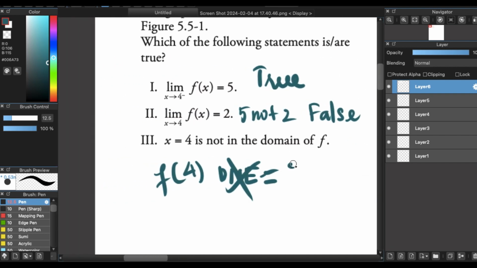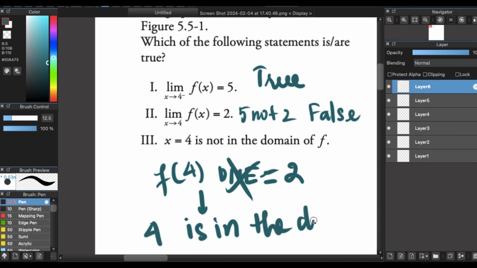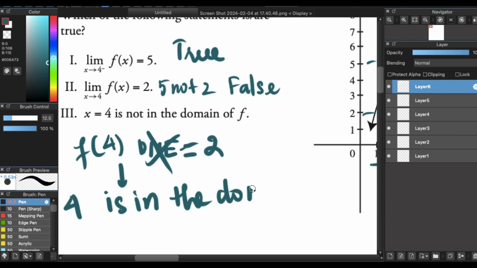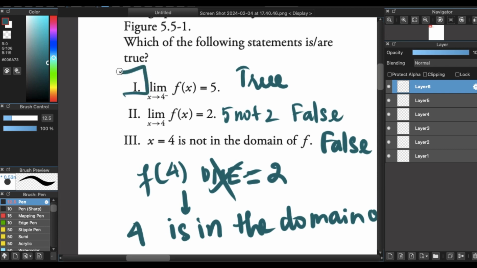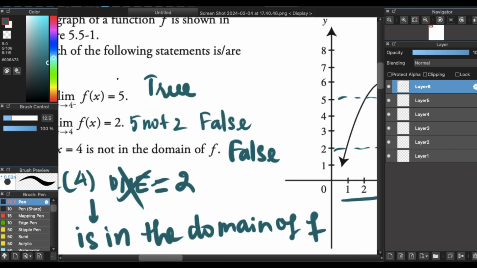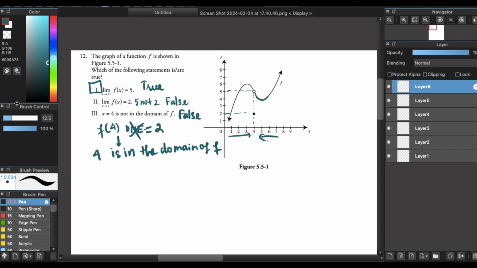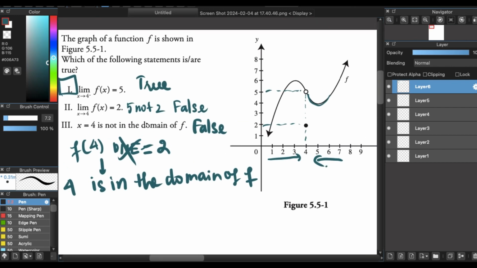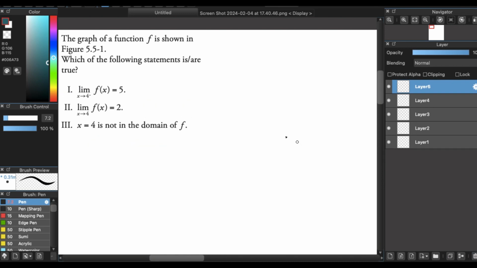Equal to 2. So 4 is in the domain of f. So this statement is false, right? And we only have our first statement being true. Okay, this is how you approach this problem.